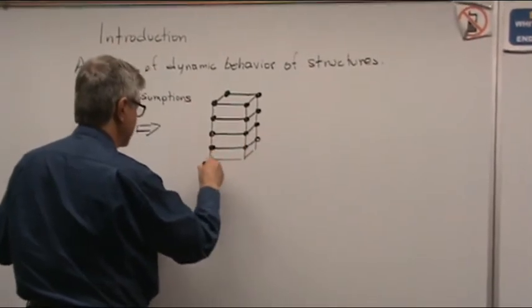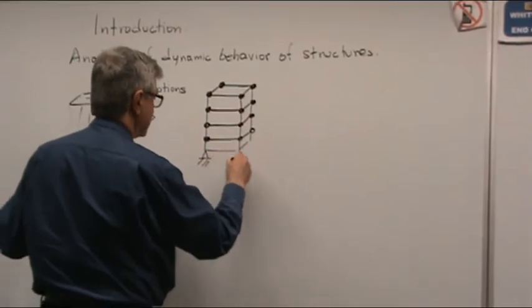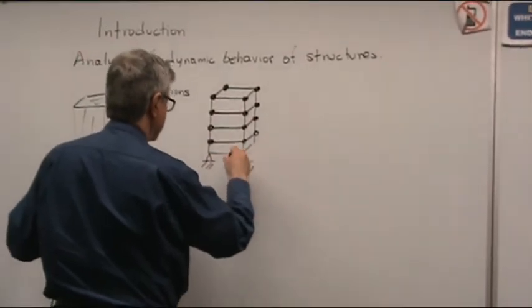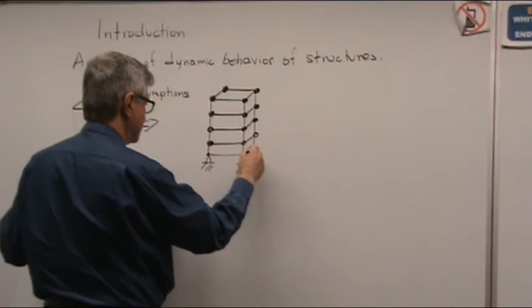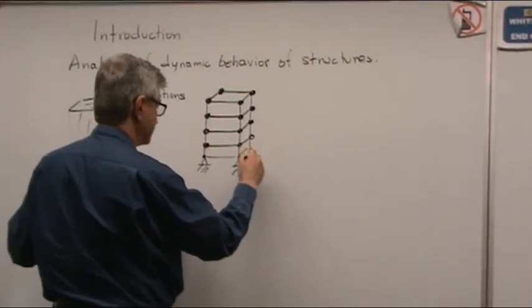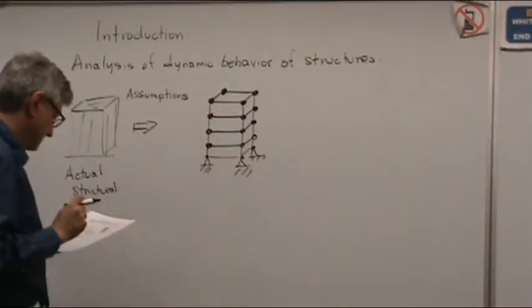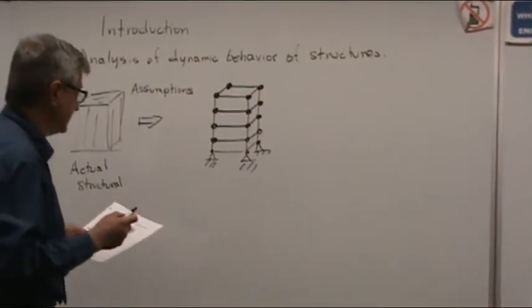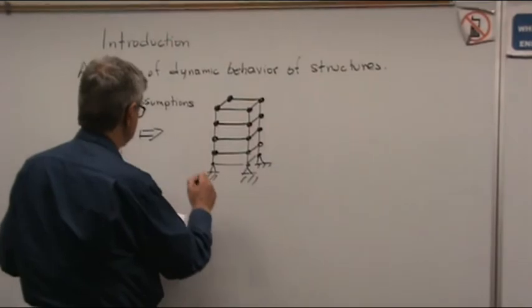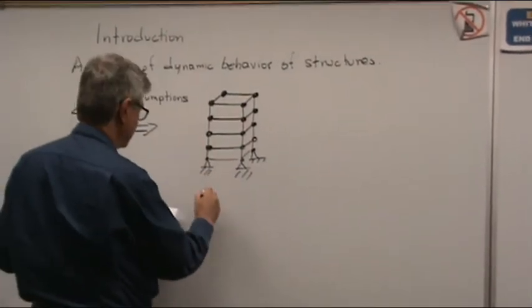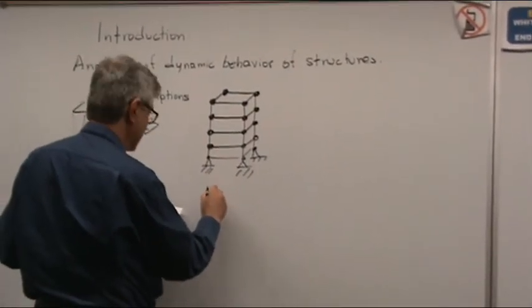You have some boundary conditions. For example, you have supports. Okay. This is called an analytical model. So the first step results into an analytical model.